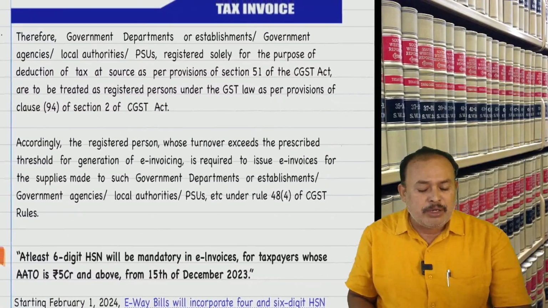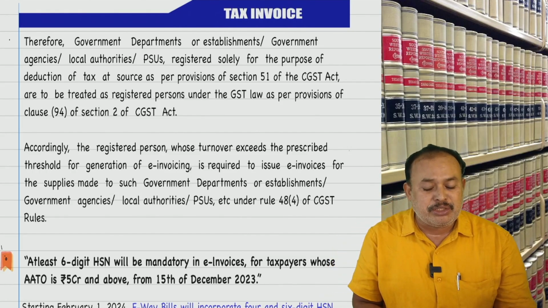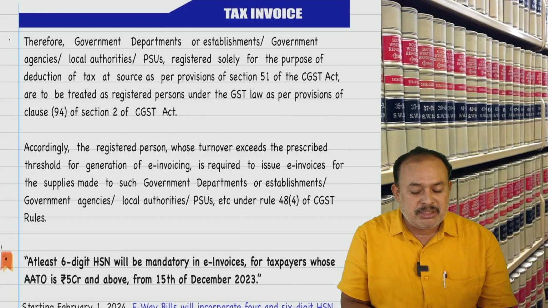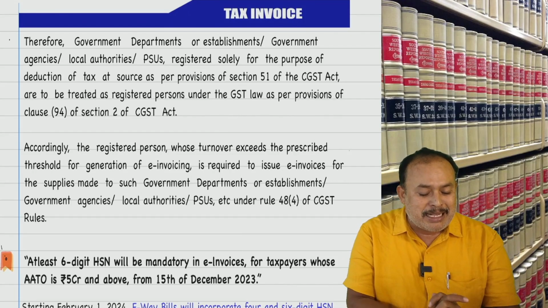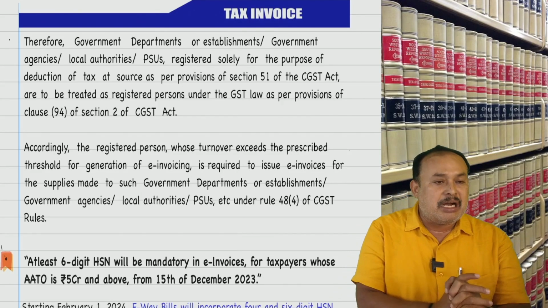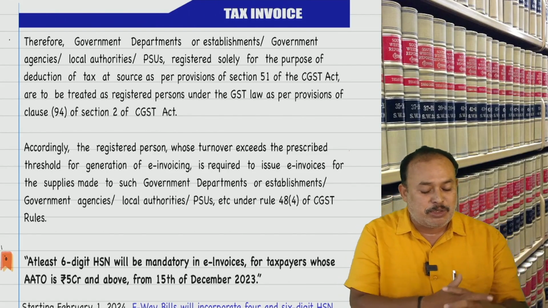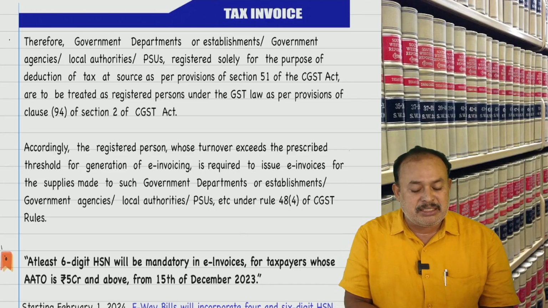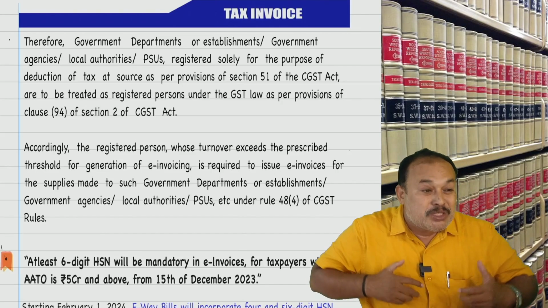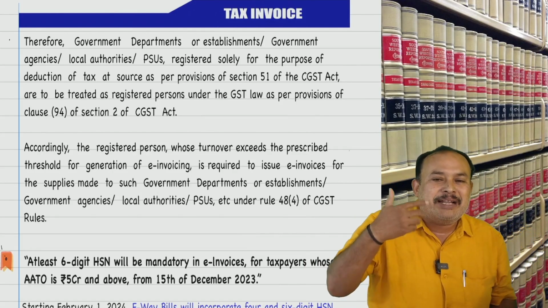Therefore, government departments or establishments, government agencies, local authorities, PSUs registered solely for the purpose of deduction of tax at source are to be treated as registered persons under GST law. Accordingly, the registered person whose turnover exceeded the prescribed threshold limit for generation of E-Invoice is required to issue E-Invoice for the supplies made to such government departments, government agencies.